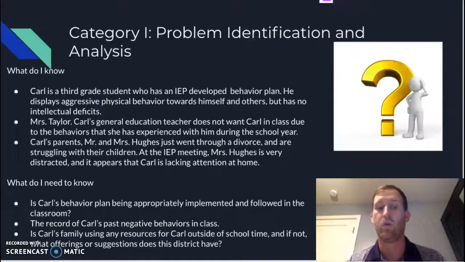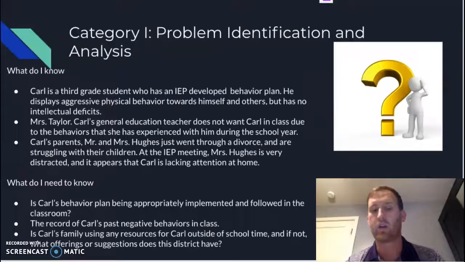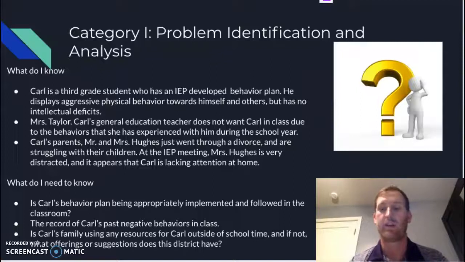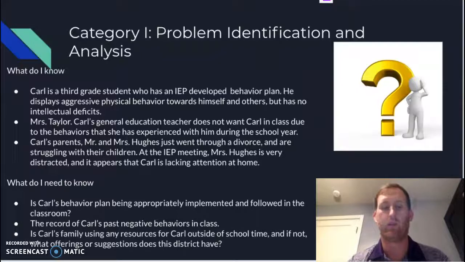All of this is definitely going into the problem of the behavior he's presenting in class. Things that I need to know are some more detail on Carl's behavior plan, and is it being fully implemented in the classroom? If the general education teacher is not following the IEP, that would definitely cause an issue as to how this is all taking place.